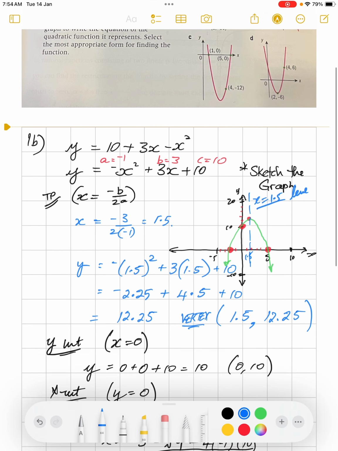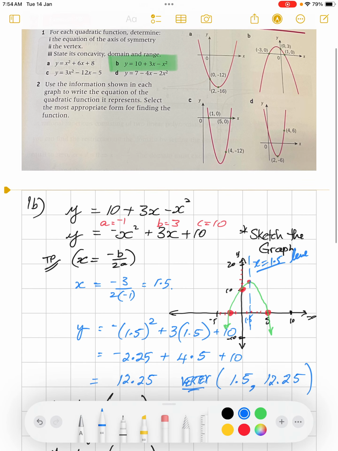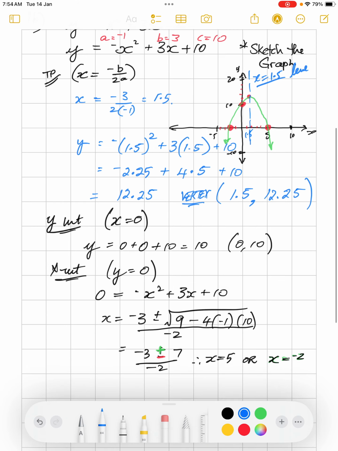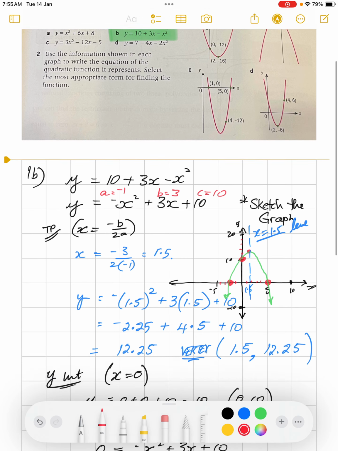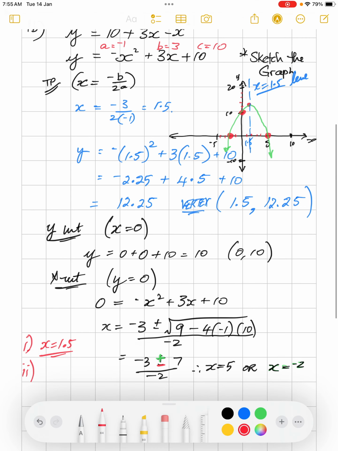So the answers to these questions are, what is the equation of the axis of symmetry? So part 1, the axis of symmetry is the x equals 1.5 line. Part 2, what is the vertex? The vertex is at the turning point, which is 1.5, 12.25, that's this point here.